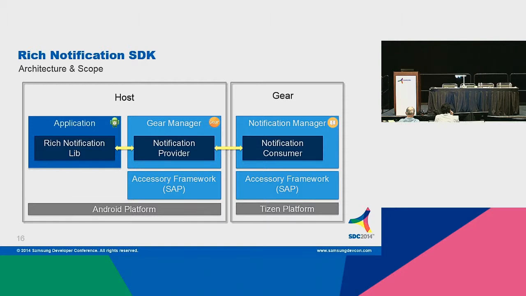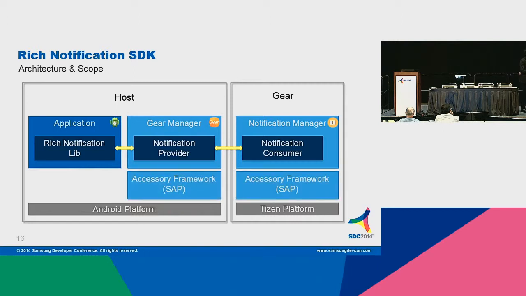So before going into the details of packages and APIs, I thought let's run over the outline of the architecture for better understanding. So we had the host, which may be a smartphone, and we had the gear. We have the notification manager service running in the gear, and we have the gear manager service, which is running over the phone.